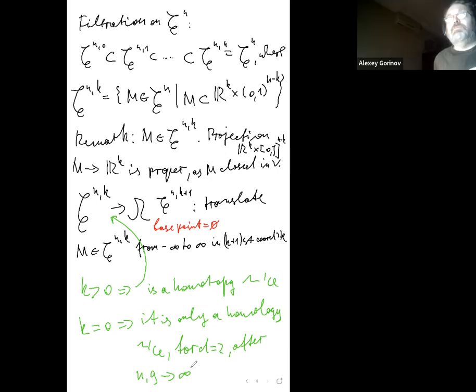Well, they're all homotopy equivalent. Here we basically consider the regular loop space, but instead of maps from 0 to 1, we consider maps from minus infinity to infinity, which have both limits and such that the limits go inside.